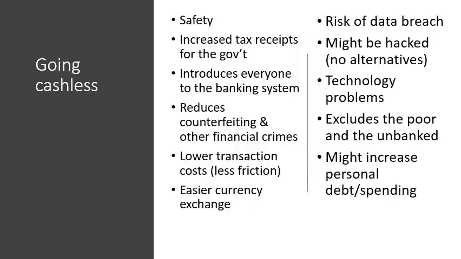Transaction costs are otherwise known as friction. Friction are those little costs along the way of converting currency, of wiring funds, of all the various steps it takes to exchange currency. So if we go cashless, it eliminates a lot of those excess costs.